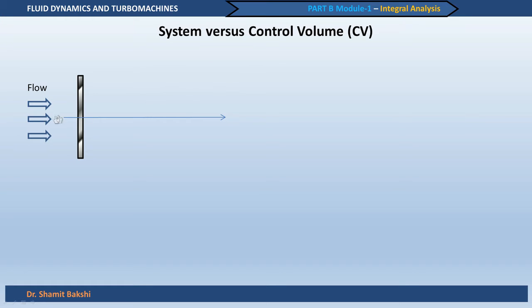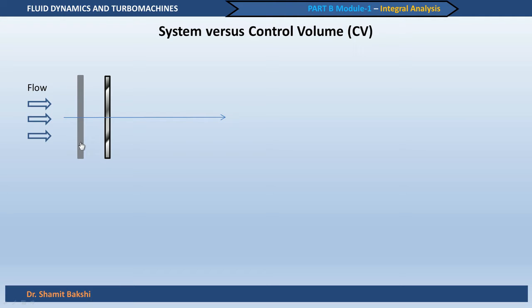Again, we consider this flow like we started our first chapter, and we see how the flow is impinging on the plate. Of course, the plate experiences a force in the positive x direction, which is the horizontal direction as shown in this slide, and it keeps moving.